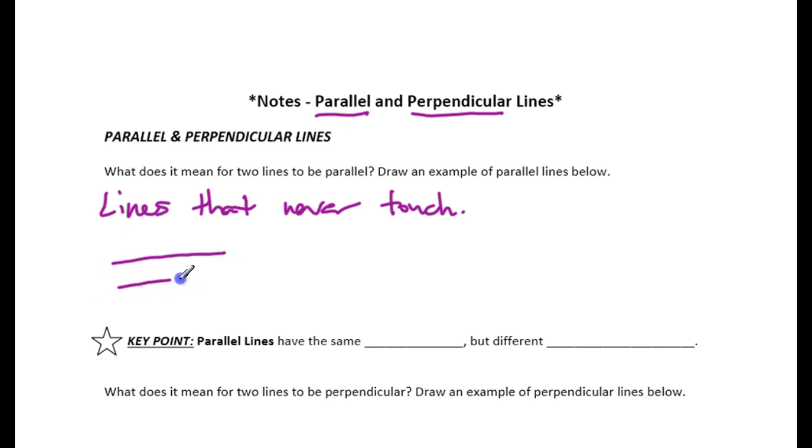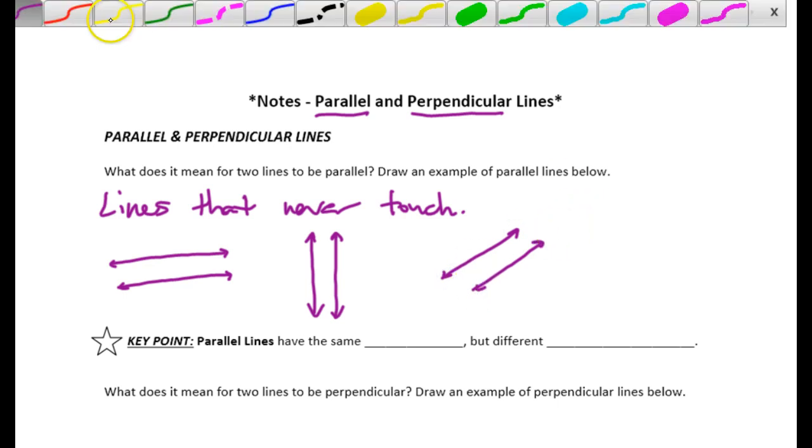They could be going across, but those two lines, if they went forever, which is what the arrows mean, they'll never touch. They could be going straight up and down, but if they're both doing the same thing, those are parallel to each other. They can go diagonal as well. Okay, so they're parallel if both lines were to extend and never touch. That's basically what they mean.